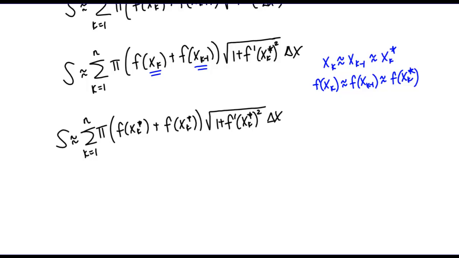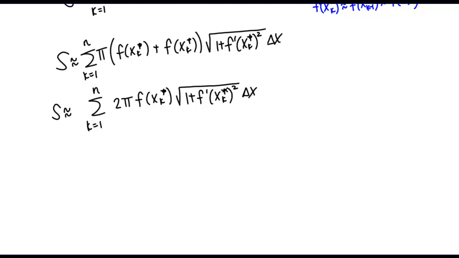And then from there, I can write this as the sum from k equals 1 to n. I have 2 f of x k stars here, so I'm going to write this as 2 pi f of x k star, and then we'll keep the rest of this.